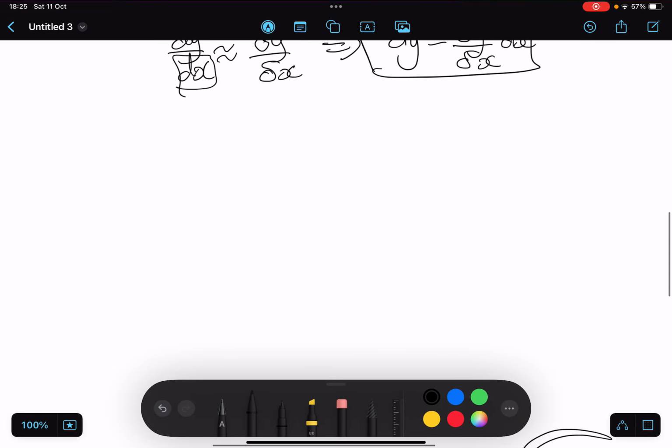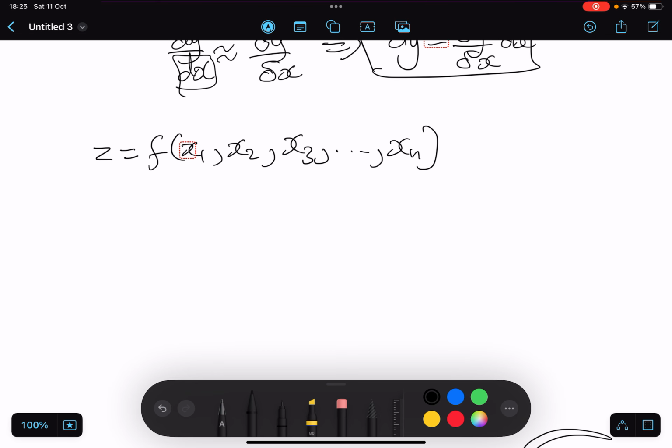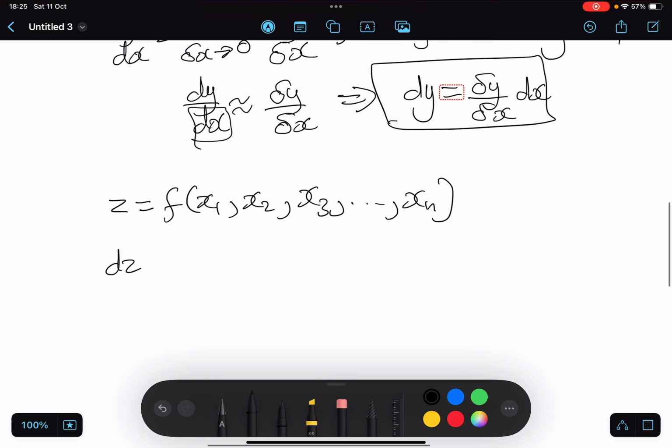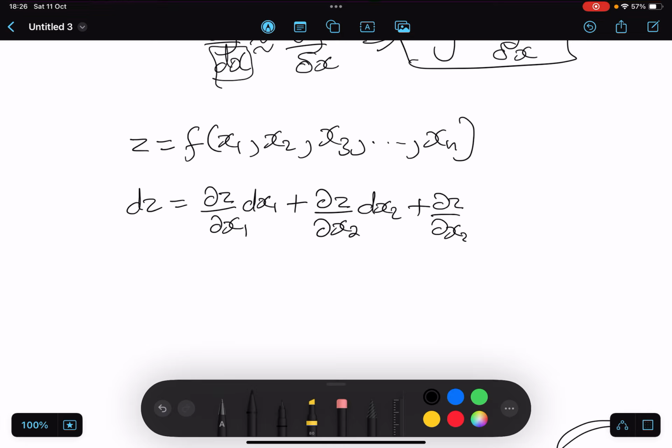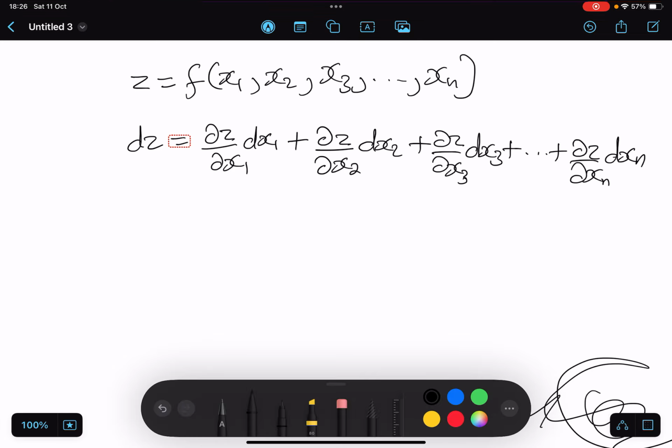If I'm given a function z equals f of x1, x2, x3 up to xn, then dz, I'm writing the general form, is going to be equal to dz over dx1 dx1 plus dz over dx2 dx2 plus dz over dx3 dx3 plus, going to the end derivative, dz over dxn dxn.